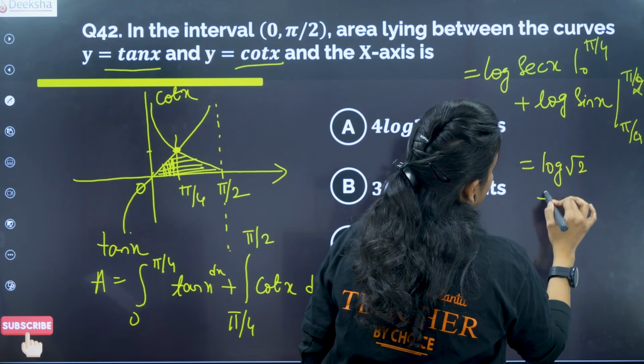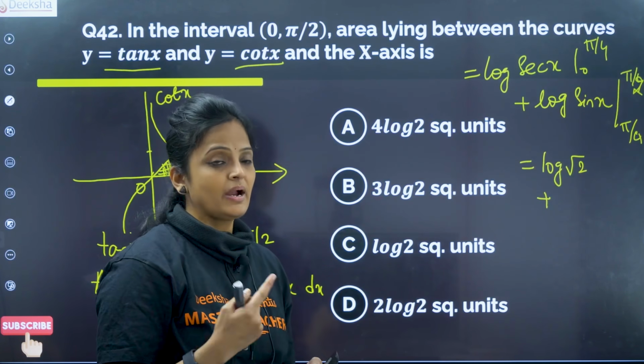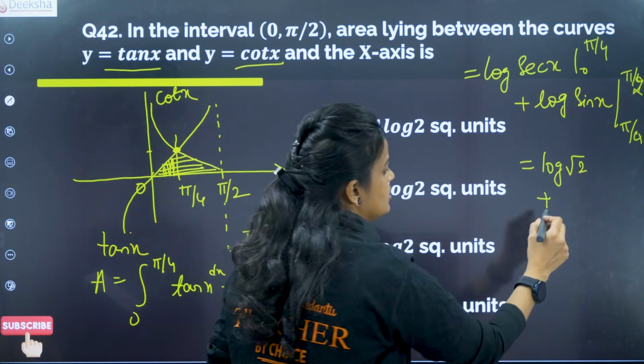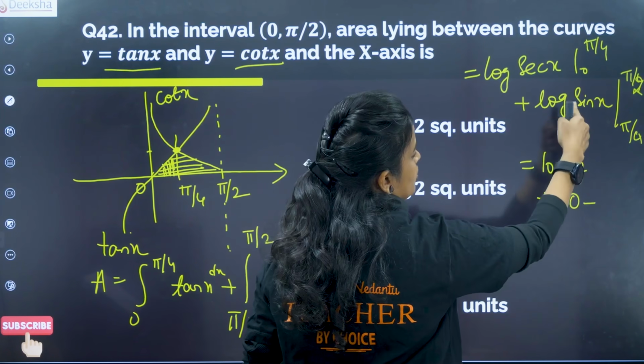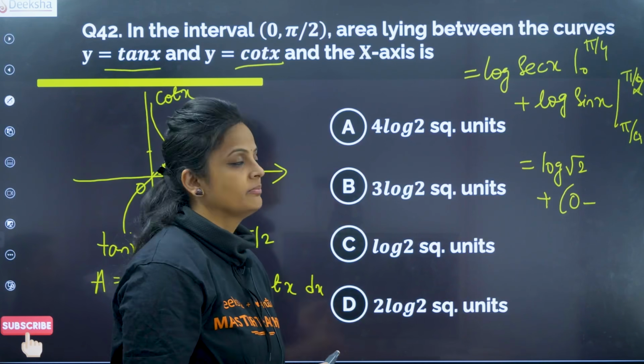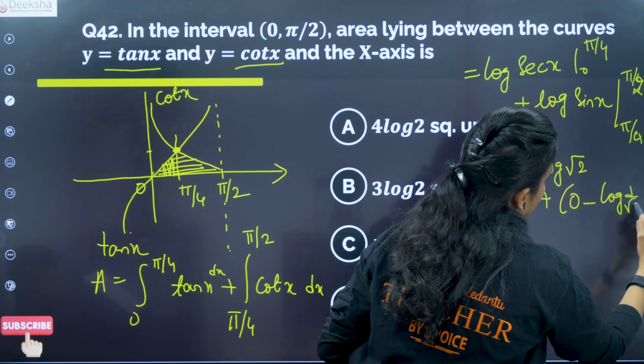Okay, plus the upper limit will give you again log 1, because sin pi by 2 is 1, log 1 is 0, so 0 minus the lower limit. If I put it, sin 45 will be 1 by root 2, which comes with the log. Correct?